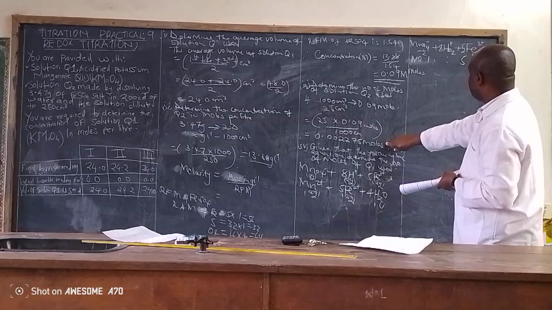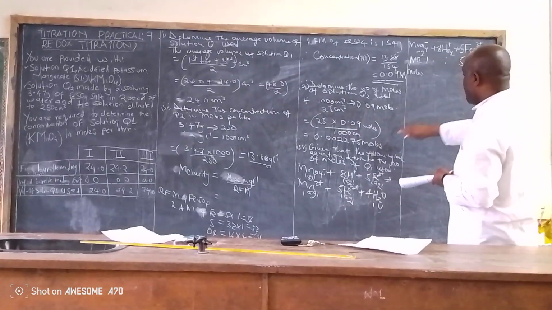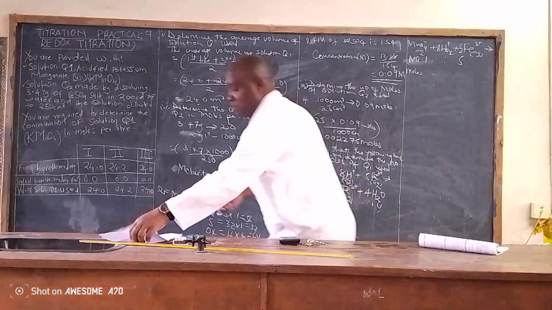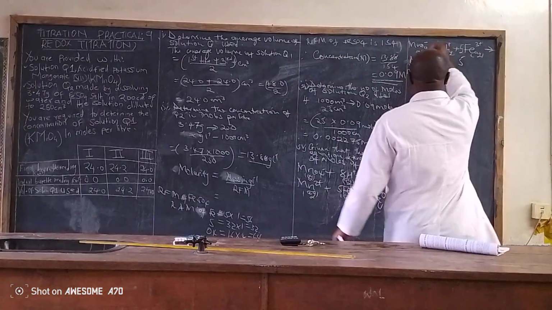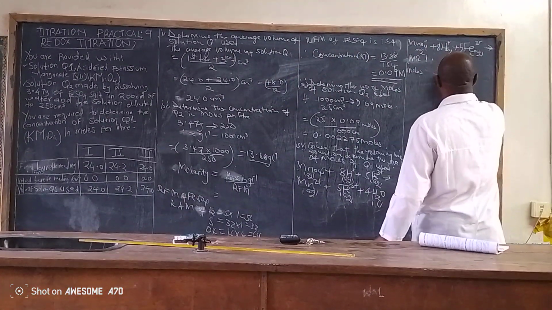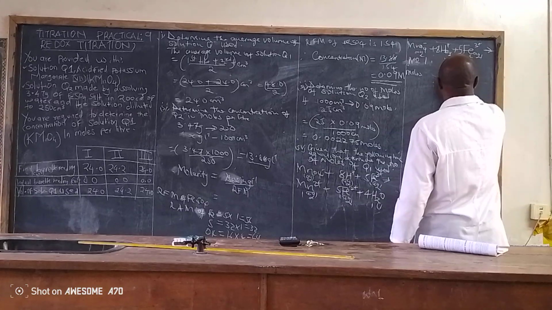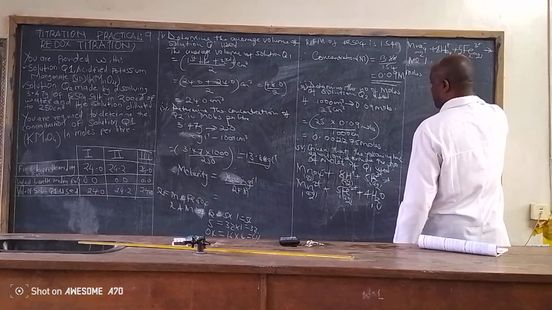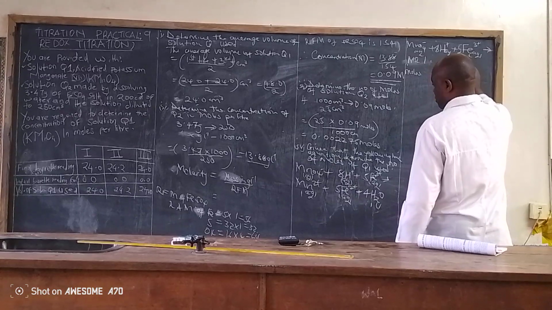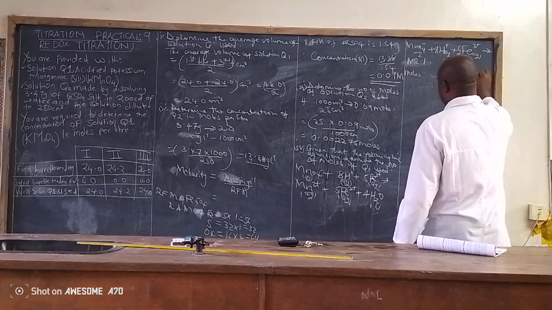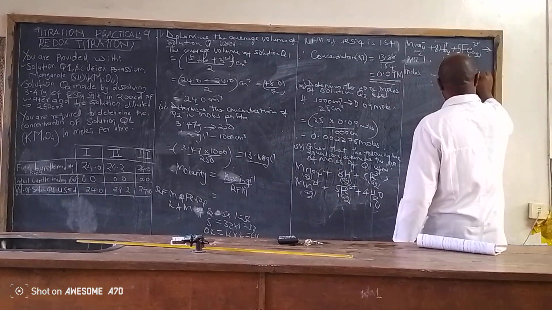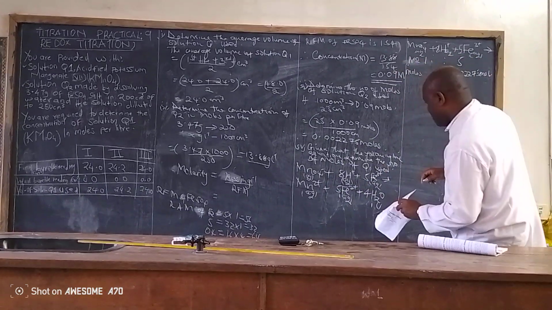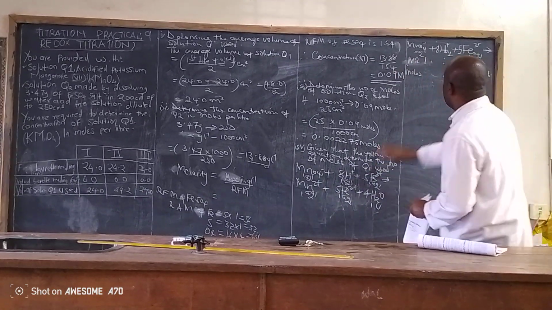They are here. So we are going to write like this. The number of moles of iron 2 we already know, they are 0.00275 moles.